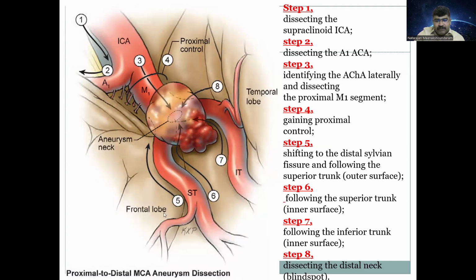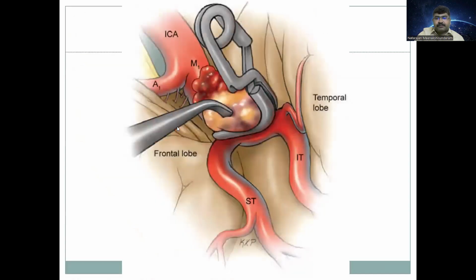Then shift to the distal sylvian fissure, follow the outer surface of the sylvian fissure, then the outer surface of the superior trunk, the inferior surface of the superior trunk, and the inner surface of the inferior trunk, and then dissect the distal neck, which will be the blind spot. Then the aneurysm will be freed and the neck will be accessible for clipping. Once all these dissections are done, the neck will be easy to clip.